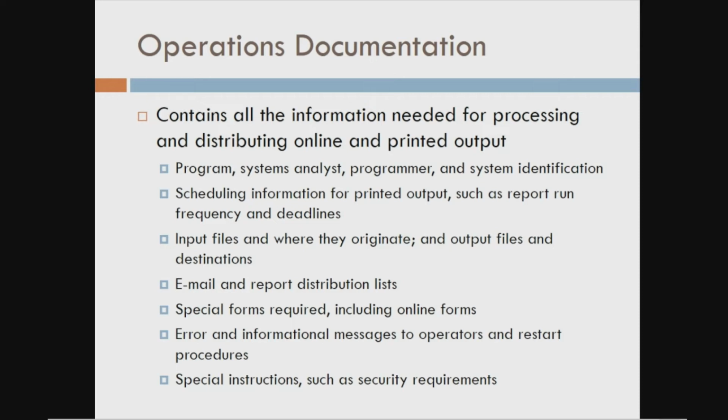Under the operation documentation, the system analyst, the programmer, and system operators are involved. Okay, the scheduling information for printed output. The scheduling part is like the report: how frequently it will print the output, and the deadline. Okay, this is referred to the operation of the system.